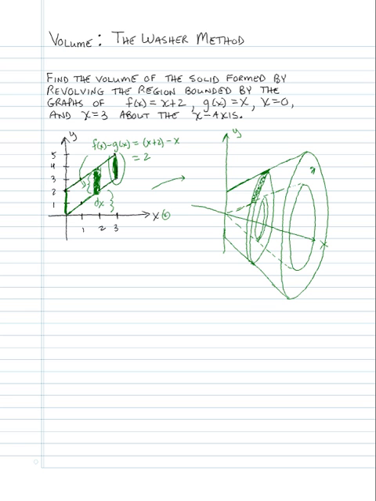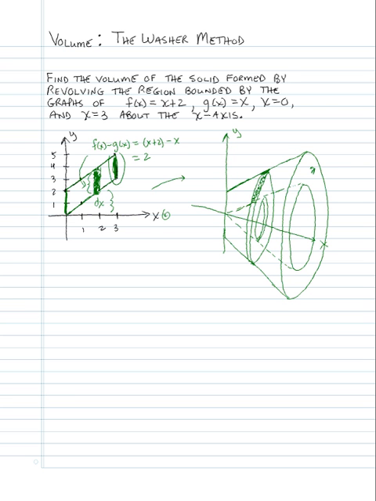Okay, so you see, that's why this is called the washer method, because the shape that strip creates as we rotate about the x-axis looks like a washer.